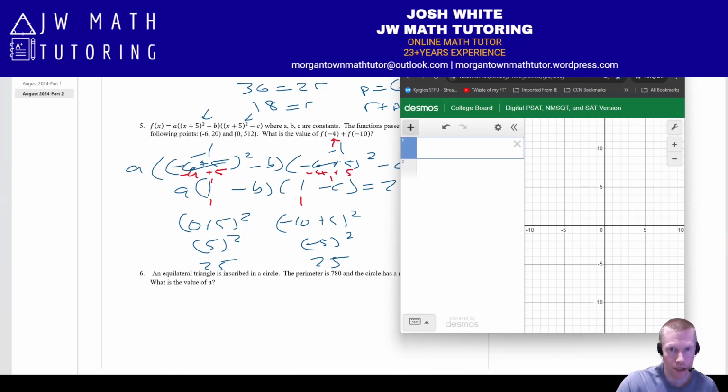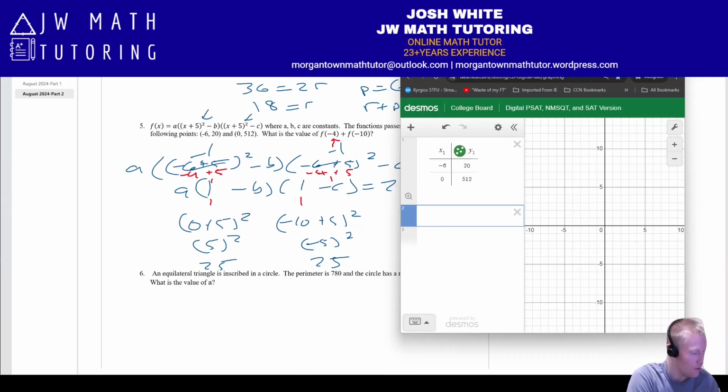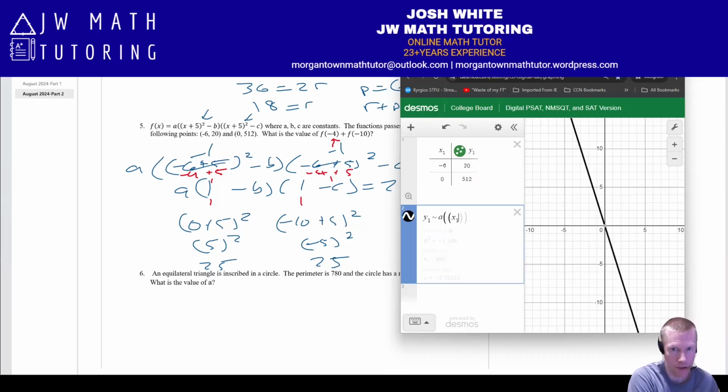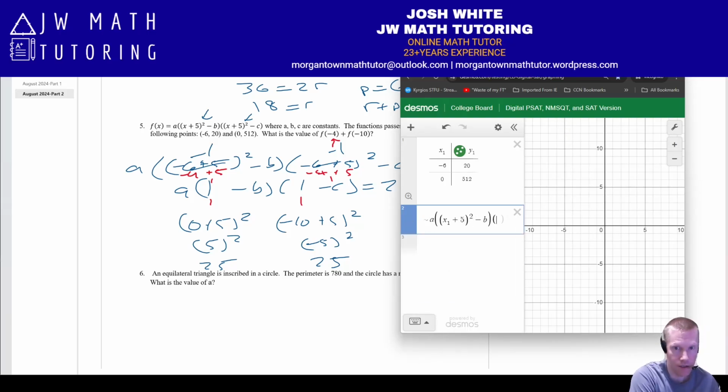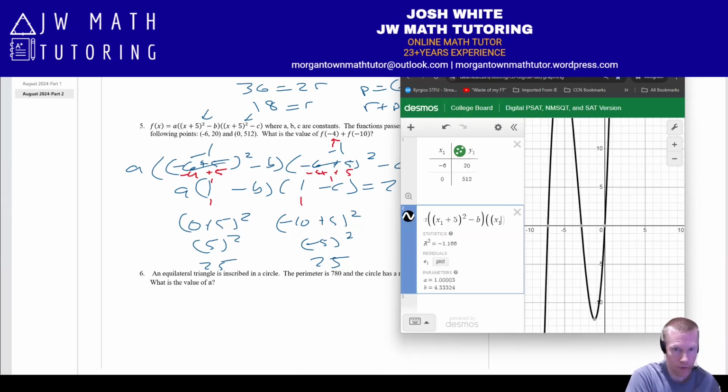So all we're going to do is enter in the points that we know. Then we're going to do a regression, and we're just going to enter it in exactly in the format that it's given.